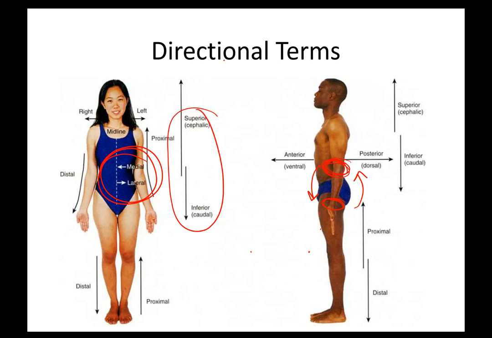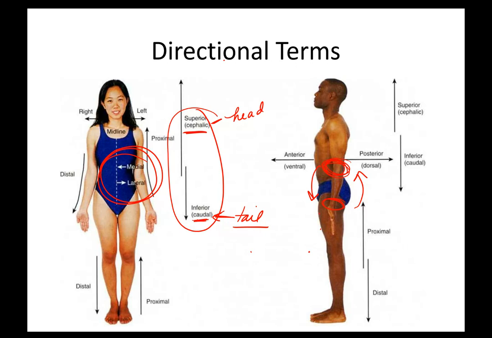Now, something else with superior and inferior, you can also use the term cephalic or caudal. Cephalo means head, so it's toward the head. Caudal means tail, so it's toward the tailbone, okay, toward the bottom.